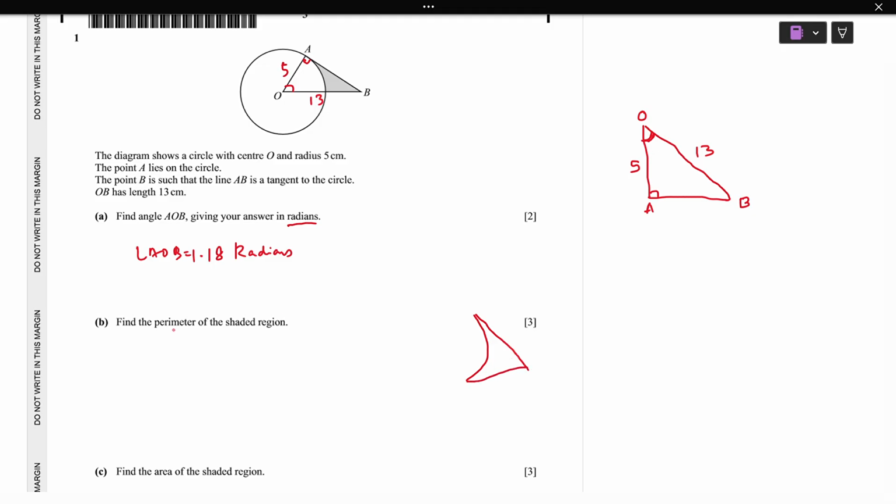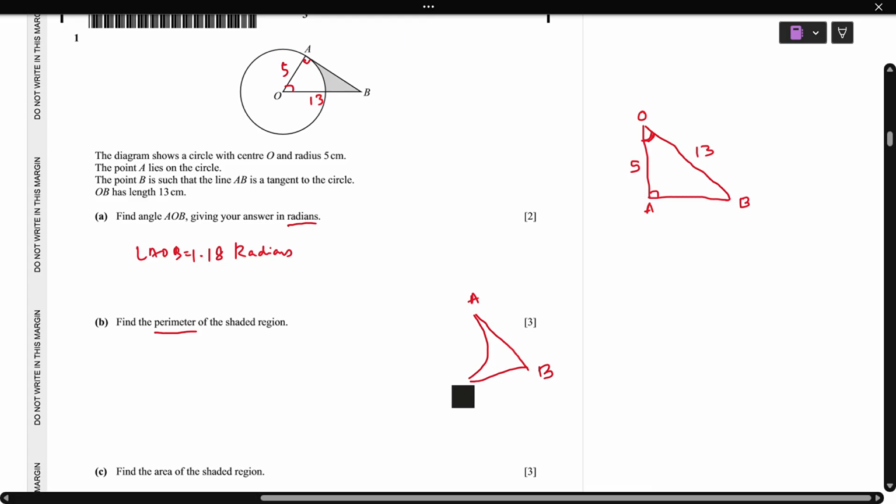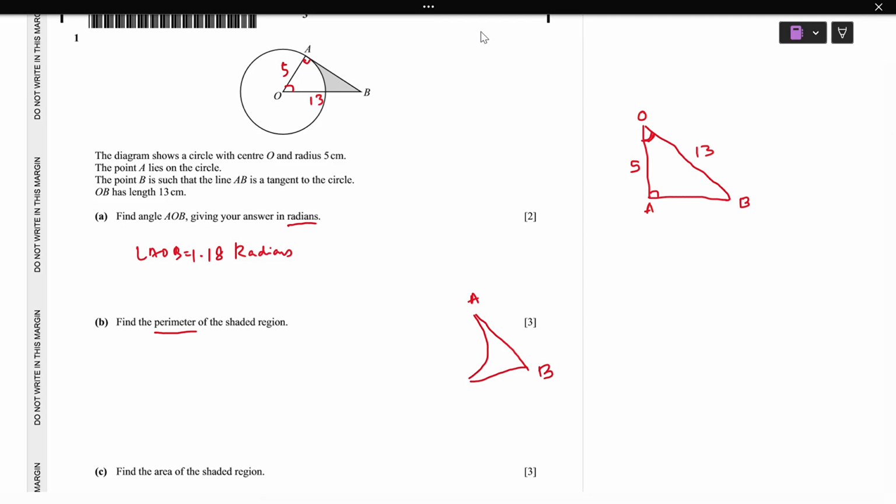We need to find only the perimeter. So this is going to be A, B, and this point we'll call C, since we don't have the place.